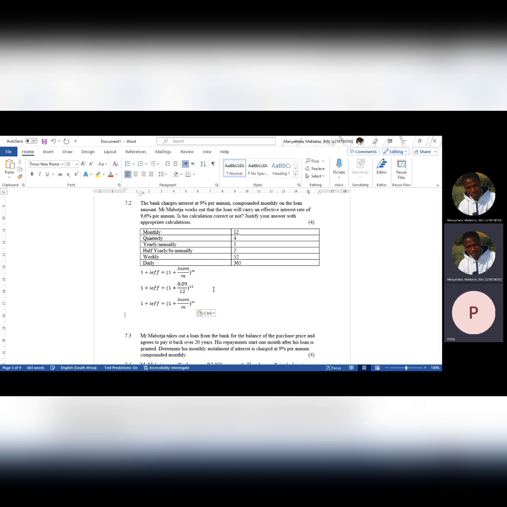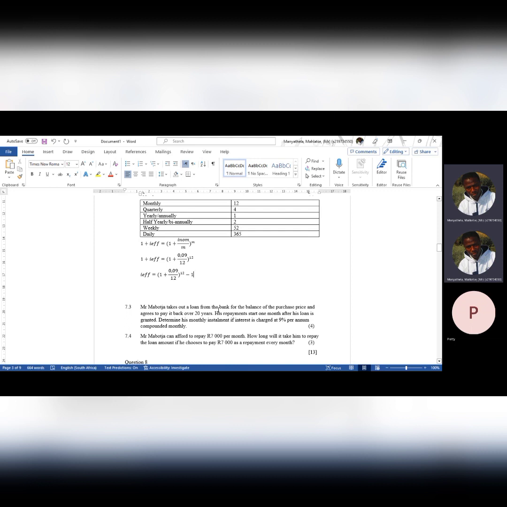So let's take 1 across, meaning that on the left hand side we're going to remain with i_eff, where eff is for effective interest rate, equal to 1 plus 0.09 over 12 to the exponent 12, subtract that 1 that we brought across.